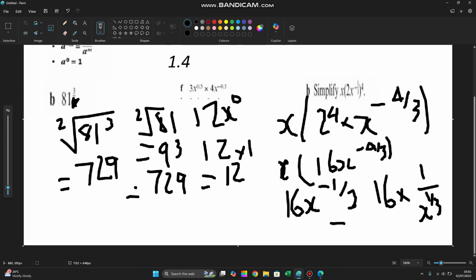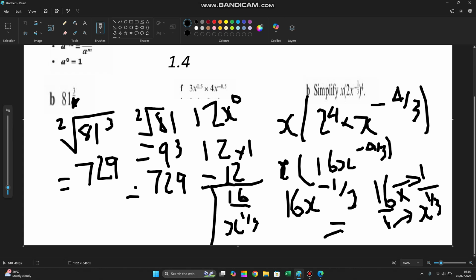And finally, we can simplify, because the 16 here is the same thing as 16 over 1. When we're multiplying fractions, we just multiply the numerator by the numerator and the denominator by the denominator. So we get, as a final answer, 16 over x to the third.